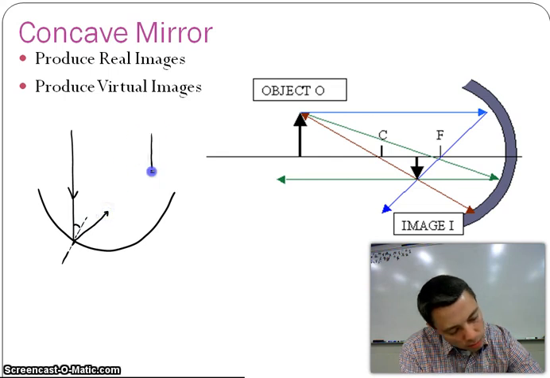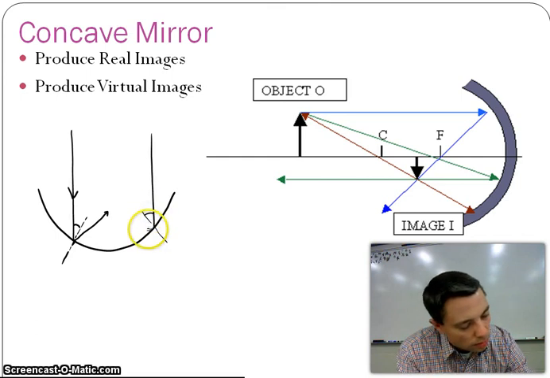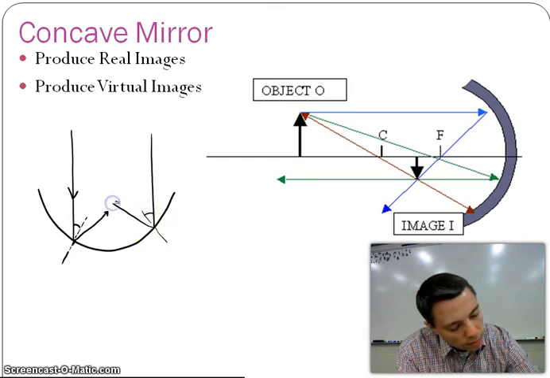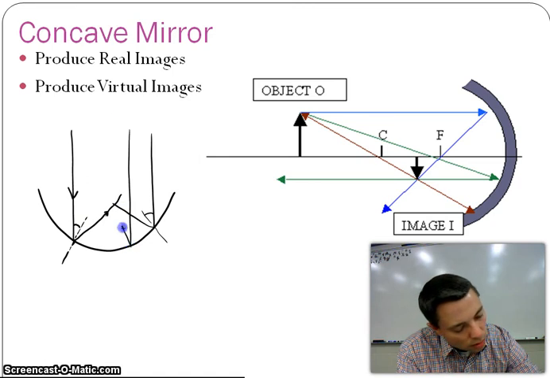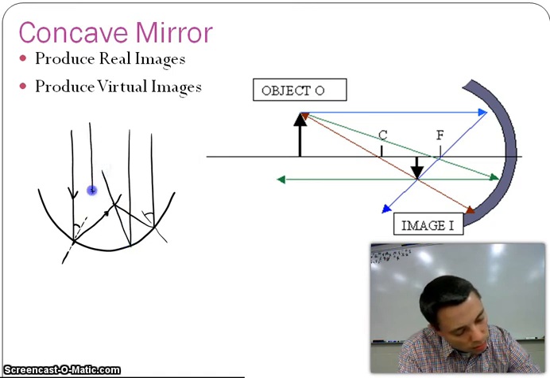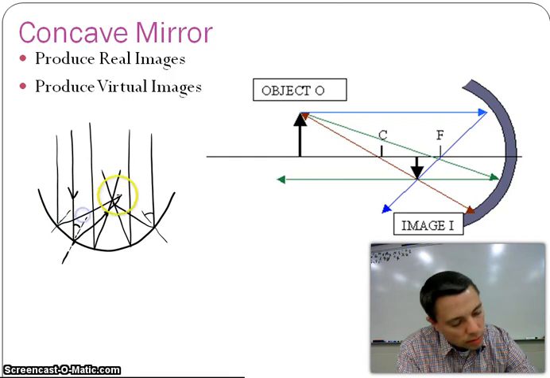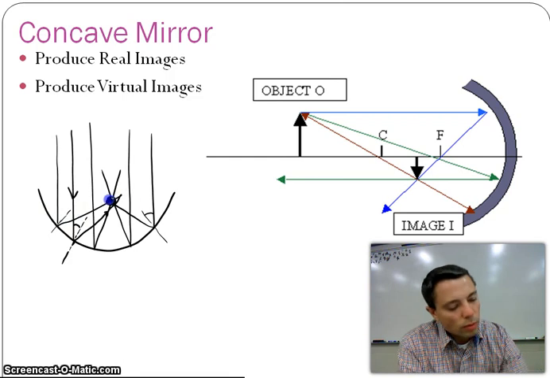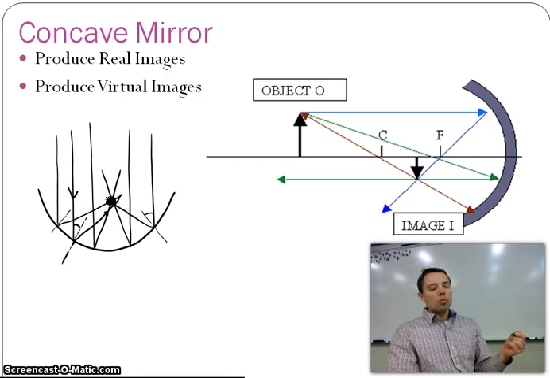And so the same thing would be true here. There'd be a normal, and the angle that I come in is going to be equal to the angle that I come out. And eventually what happens is all my rays will come to a point where they intersect, no matter where they are, because the angle in is equal to the angle out. And this point where they intersect is called my focal point.